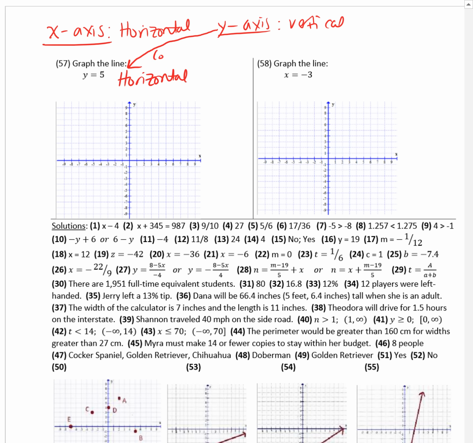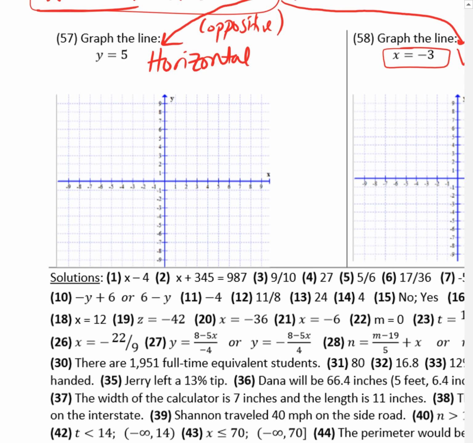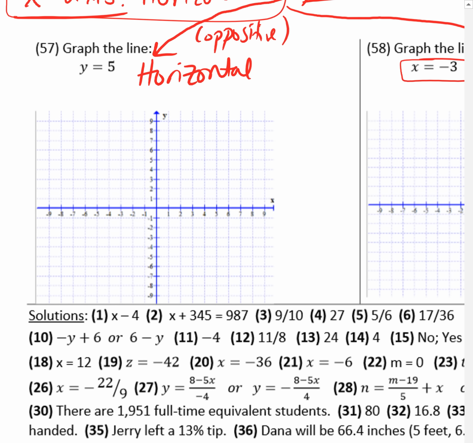When you think of the y-axis versus the x-axis, the lines y equals or x equals are the opposite. And in a line x equals something, that's the opposite of the x-axis. The x-axis is horizontal, which means this line will be vertical. I think the hardest part is just remembering which one's horizontal and which one's vertical. Once you remember that, not a big deal.